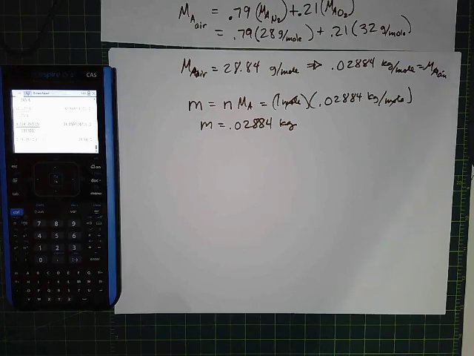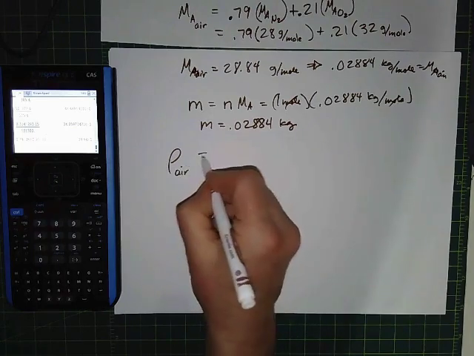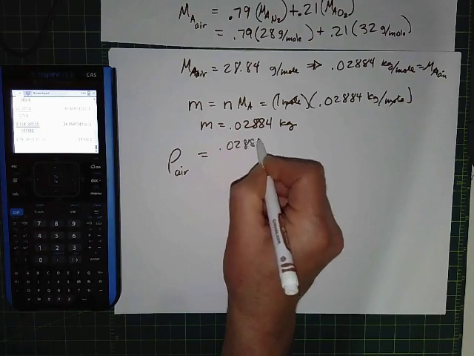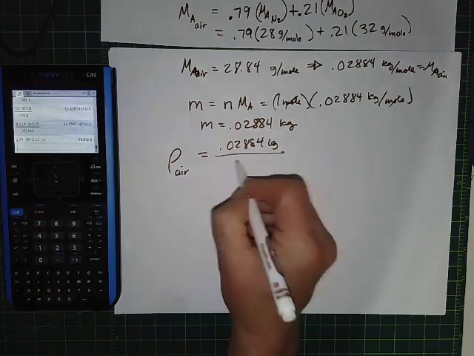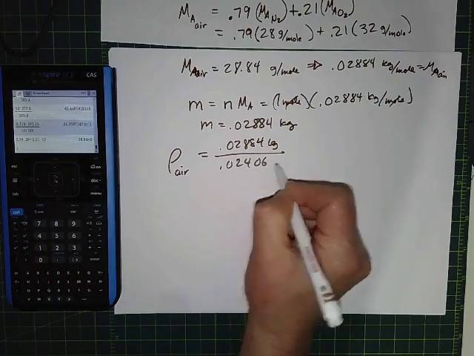All right, so we've got everything to get the density of air. The density of our version of air anyway is mass over volume: 0.02884 kilograms divided by our volume, which was 0.02406 cubic meters.